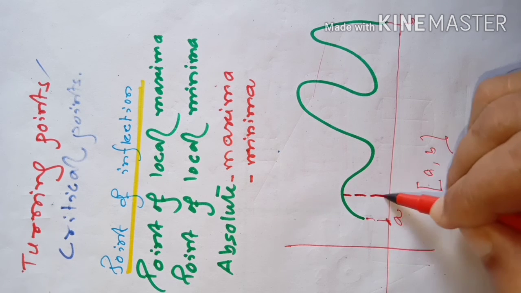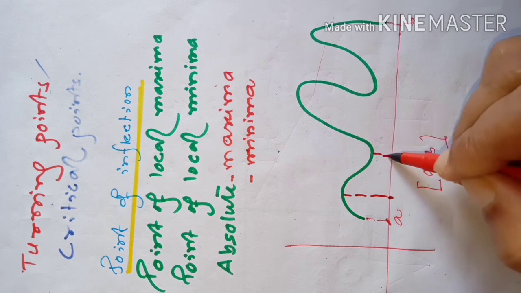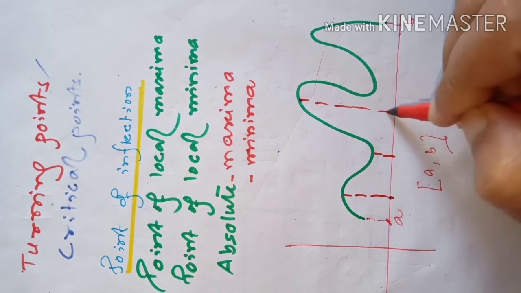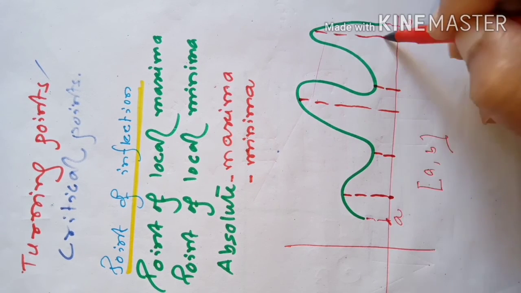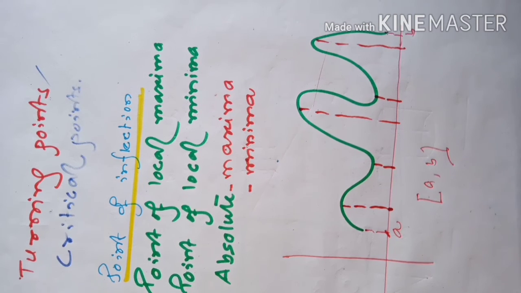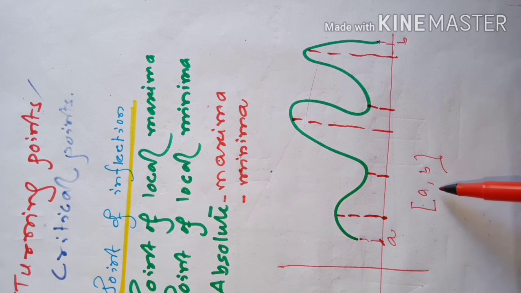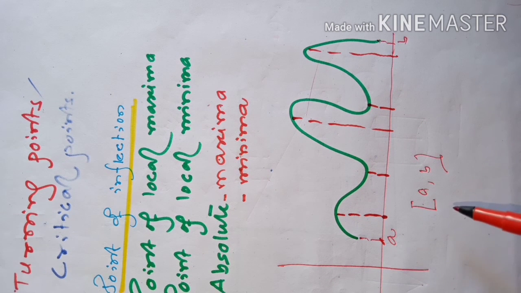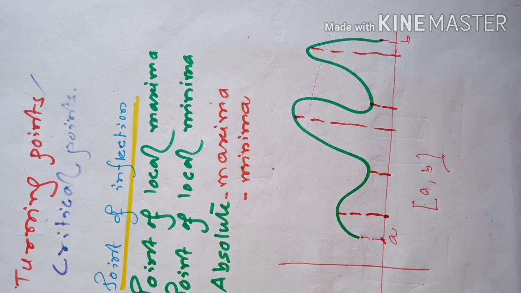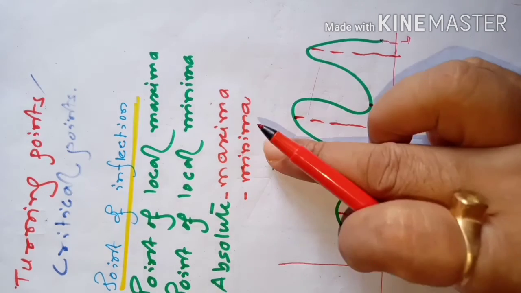See, at this point, this is one critical point, turning point, this is another turning point, another turning point. There are so many turning points. So if in a closed interval there are so many turning points, then we talk about the absolute maxima and absolute minima.